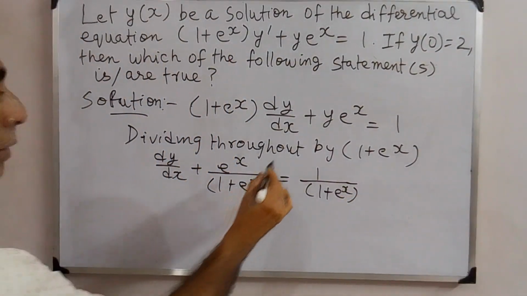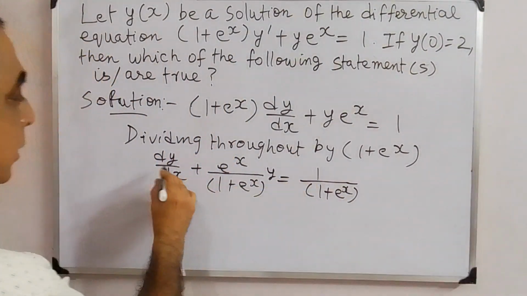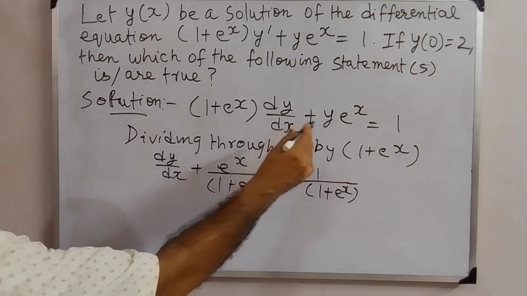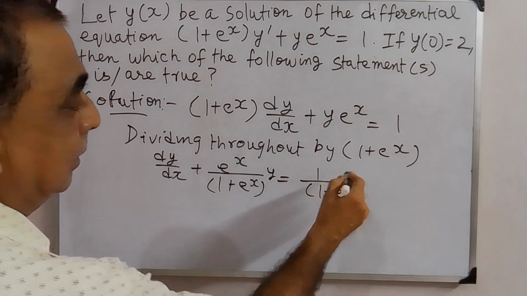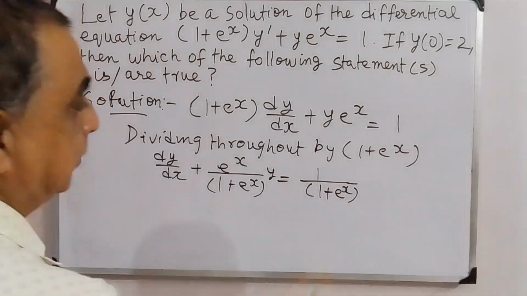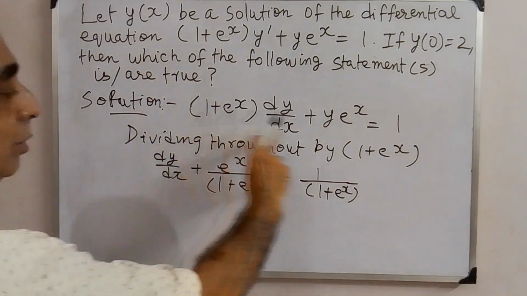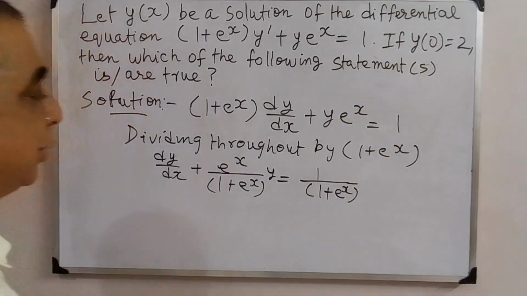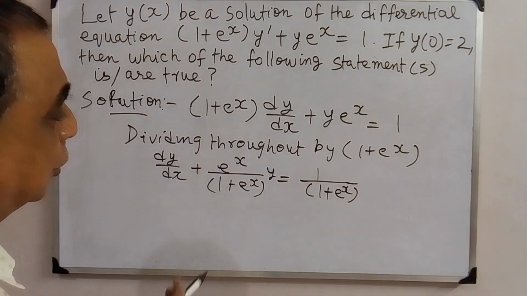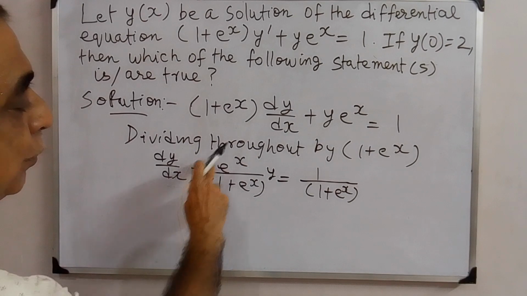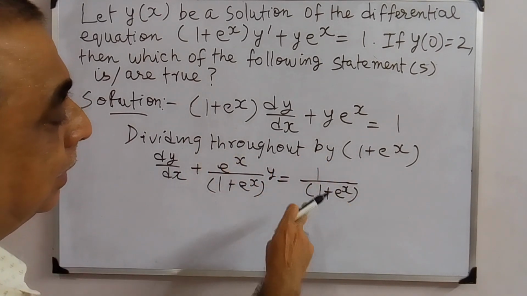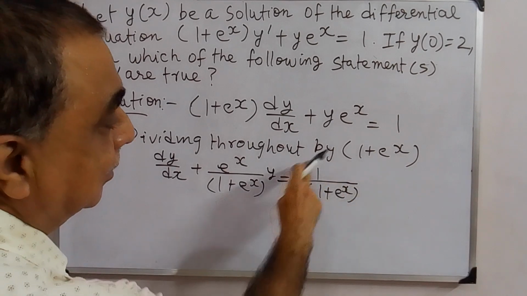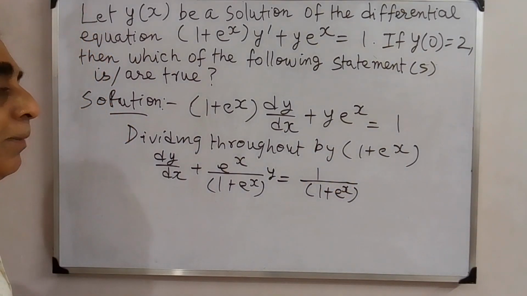So, dy/dx + e^x/(1 + e^x) times y equals 1/(1 + e^x). This differential equation is a linear differential equation. Here the y coefficient is a function of x, and the right side is also a function of x.